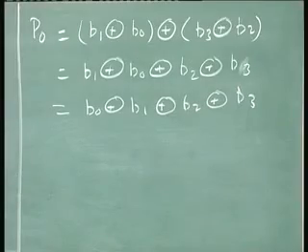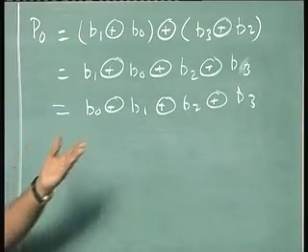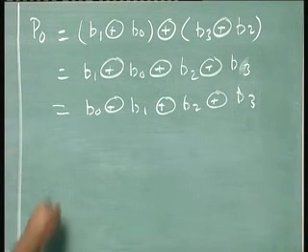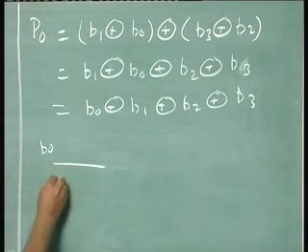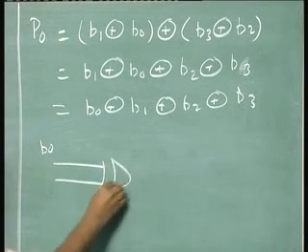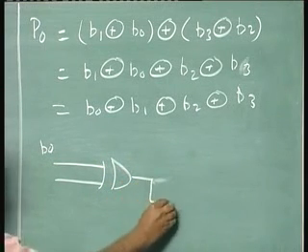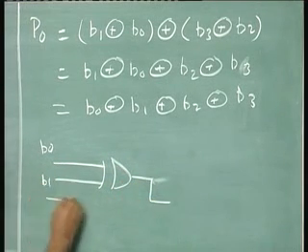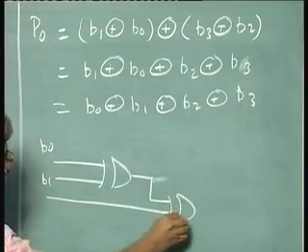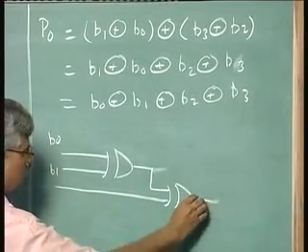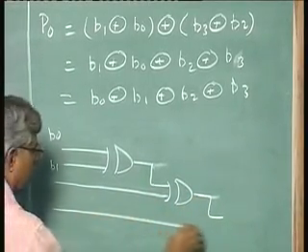So now the hardware is so simple. All we need is 3 exclusive OR gates. So I can give B0 and B1, and that will be given to this B2, and this will be given to B3.